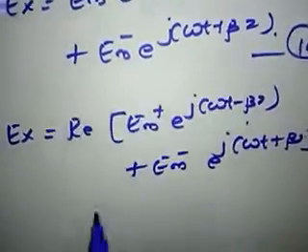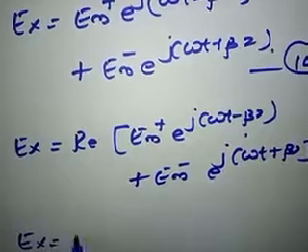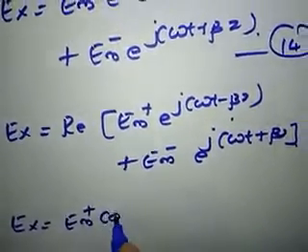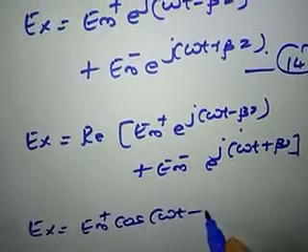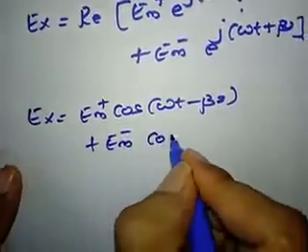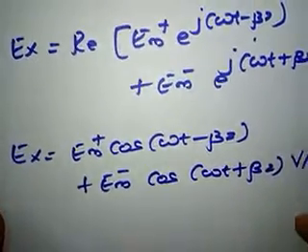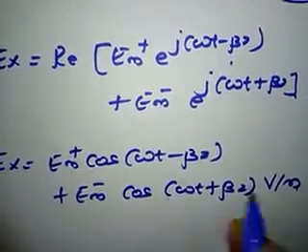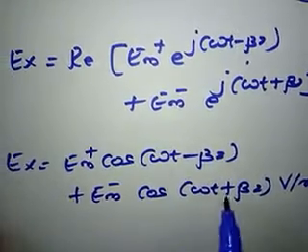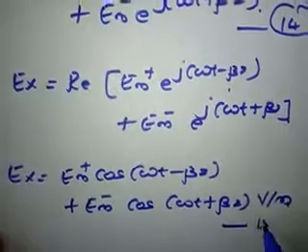Taking the real part, Ex will be equal to Em plus cos of omega t minus beta z plus Em minus cos of omega t plus beta z volt per meter. I am taking only the real part, that is the cos part, not the imaginary part. Take this equation as 15.